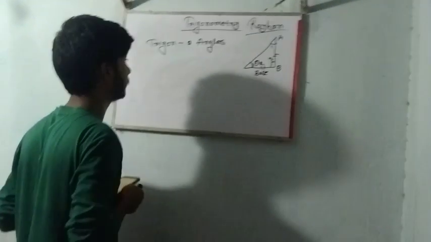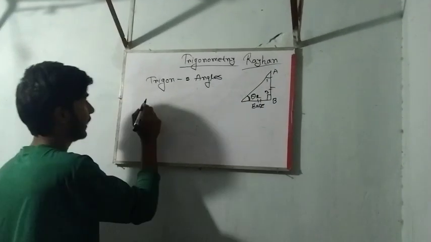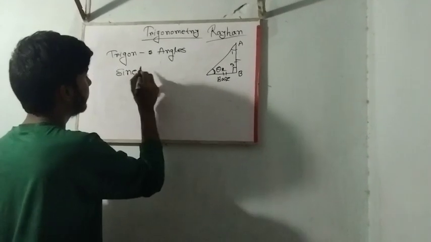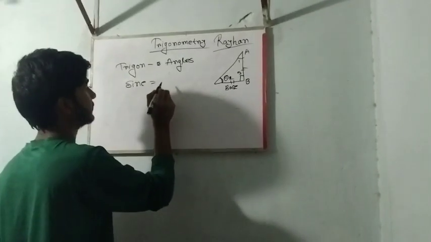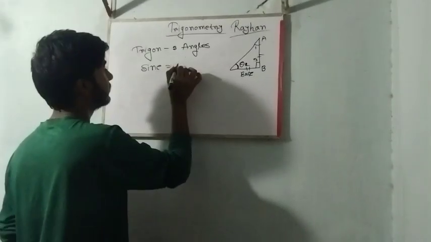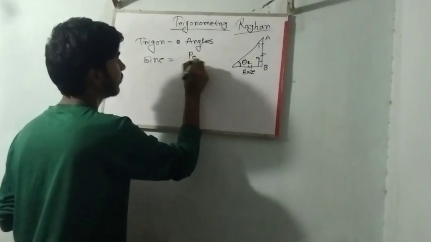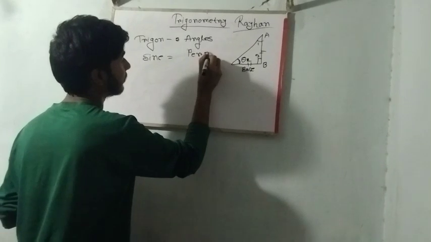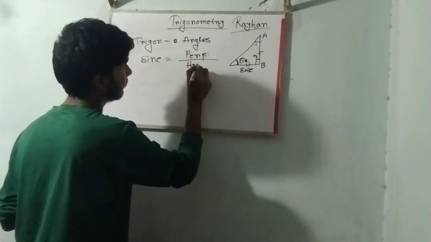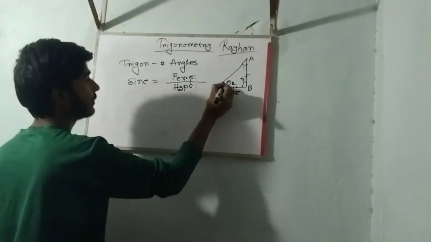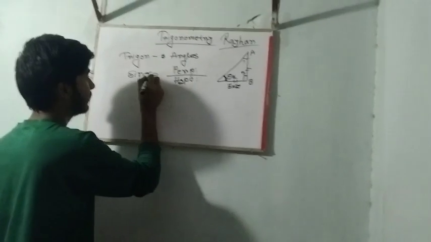First we will talk about the sine. What is sine? Sine means the ratio between the perpendicular and the hypotenuse. Sine is perpendicular, short form perpendicular divided by hypotenuse, and it is with respect to theta.